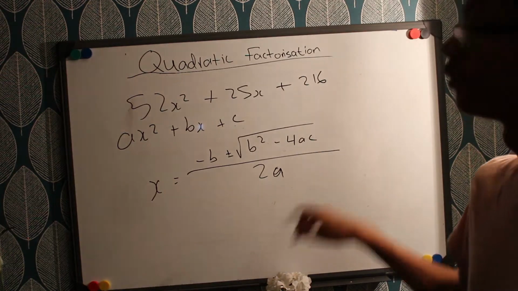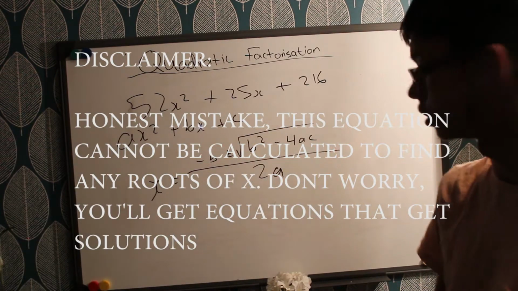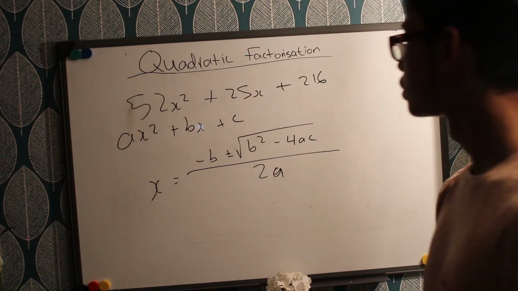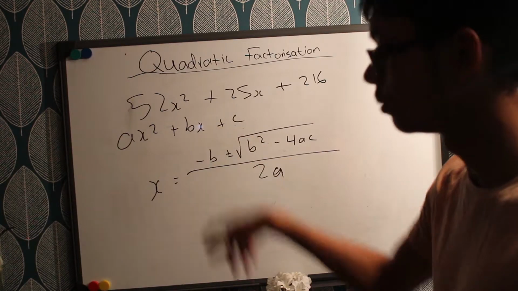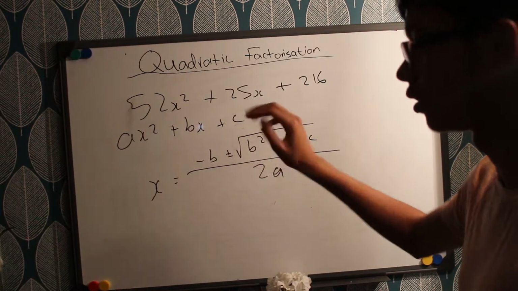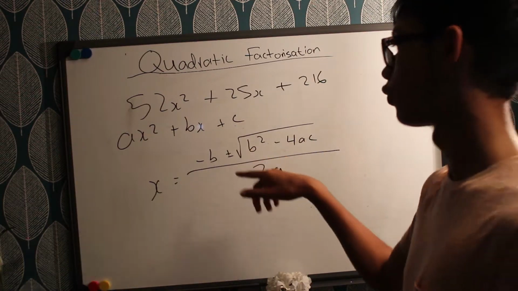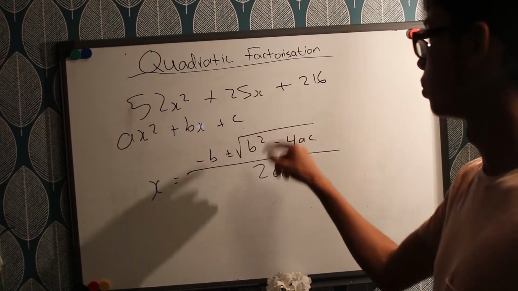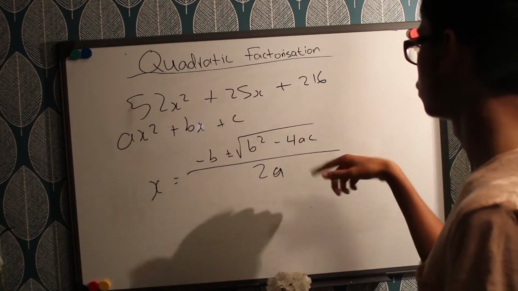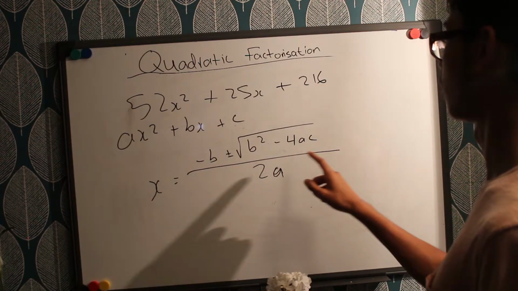So that's the formula you're going to use for these very big equations. It makes it all very quick, and so you basically plug in minus, then you put brackets in your calculator, 25, and then you do plus the square root of brackets 25 squared minus 4 brackets 52 brackets 216, over 2 brackets 52.